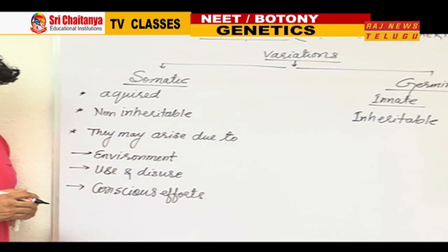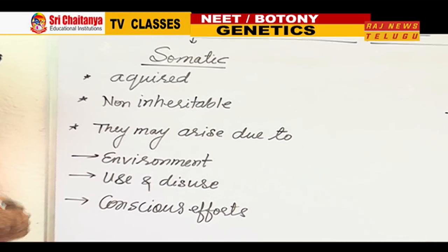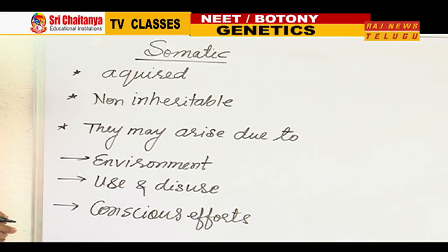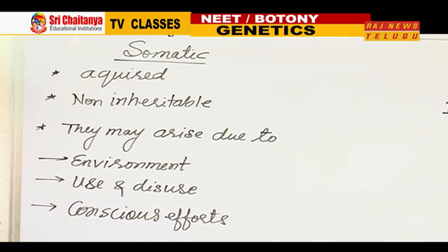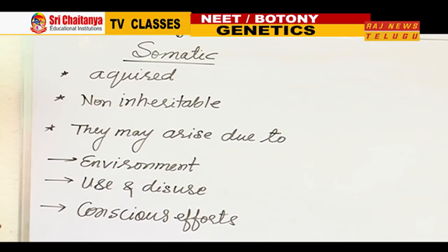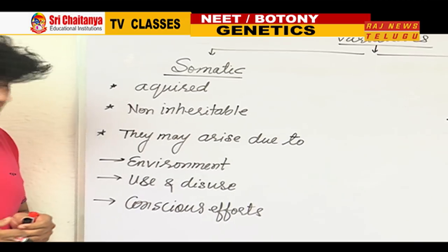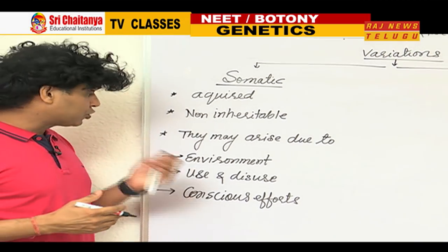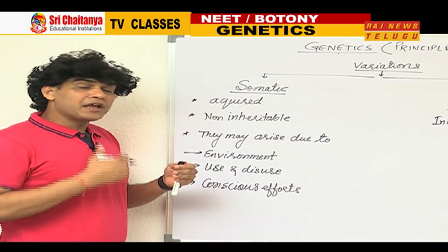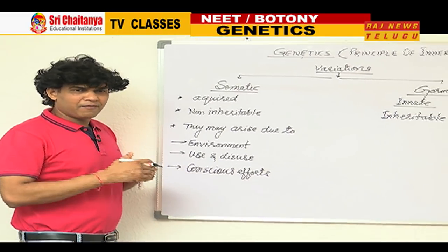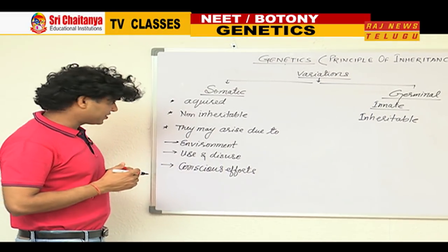Suppose there are identical twins, genetically similar two babies. One of the identical twins is allowed to rear in a cold area like Jammu and Kashmir, and the other one is allowed to grow or rear in a hot area like South Africa or another such tropical country.